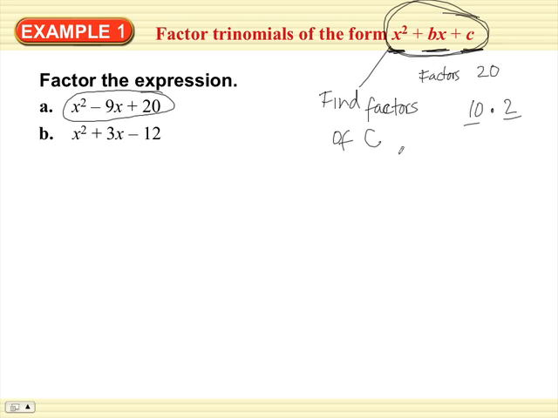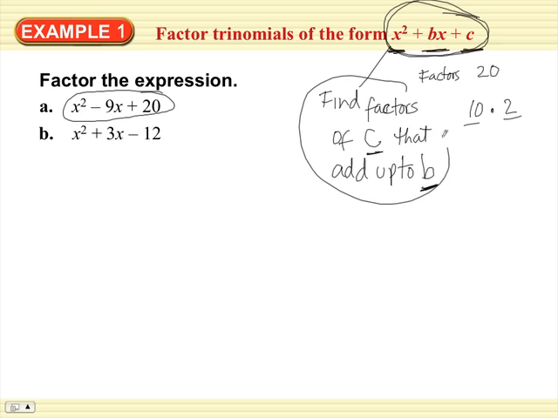Those two factors have to add up to b. Here's the key: factors of c, what multiplies to get c, and it also has to add to get b. If it doesn't do both of those things, you're not right.